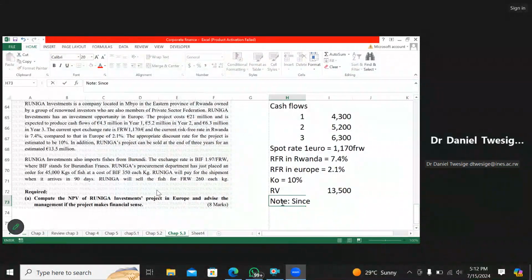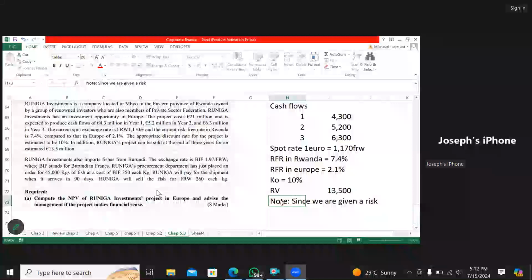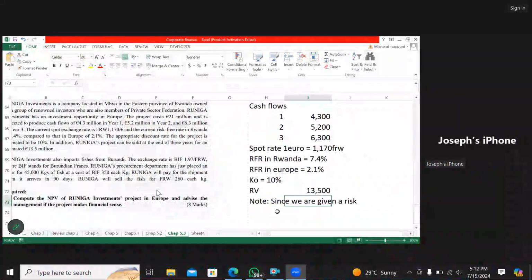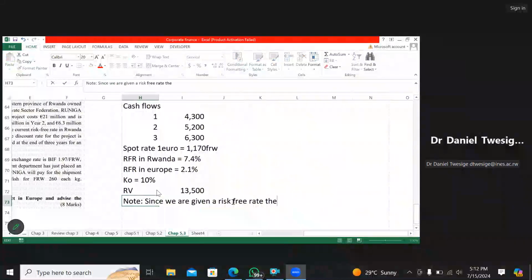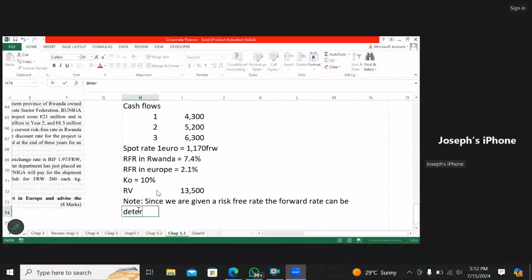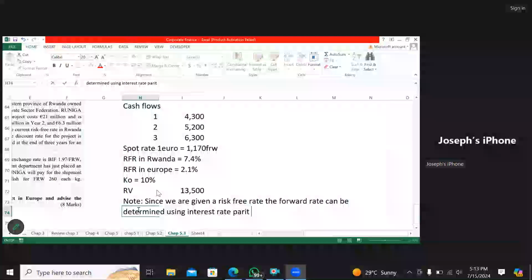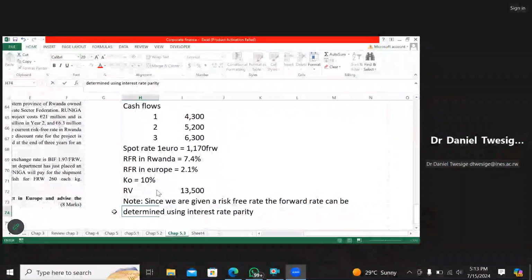So since we are given a risk-free rate, the forward rate can be determined using interest rate parity.